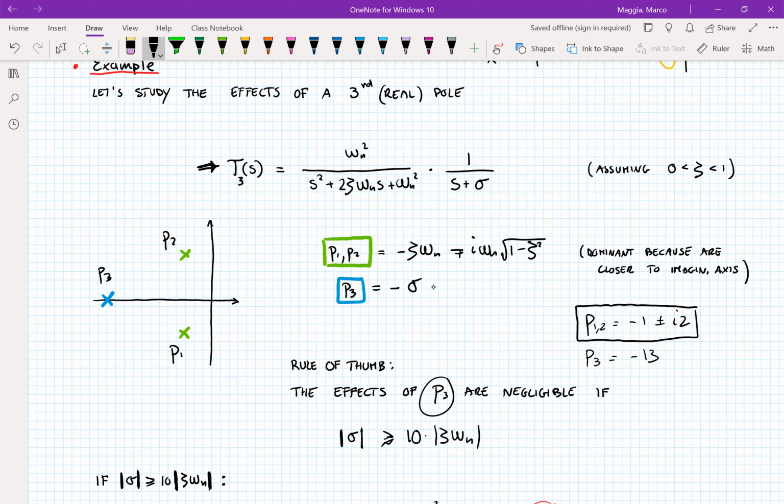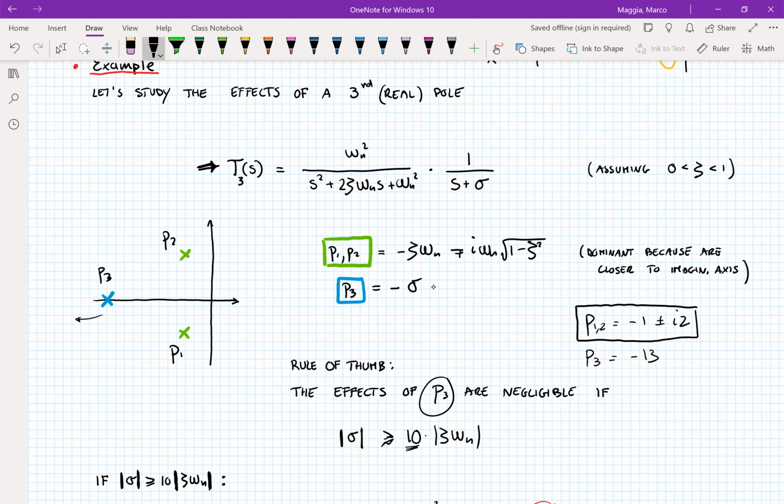Sometimes, even if you had not exactly 10, but maybe 5 or 6, you could also approximate the response of a third order system with the second order system. We don't always have the luxury of having the third pole so far to the left. So with a little bit of experience, you'll see then in practice whether or not you can actually approximate a third order system response with the second order system.